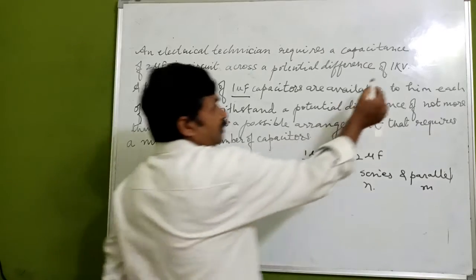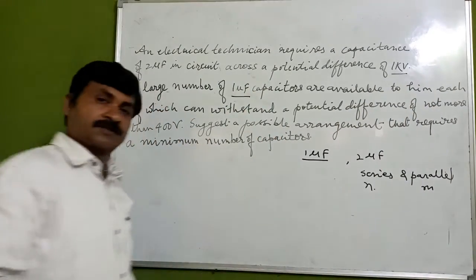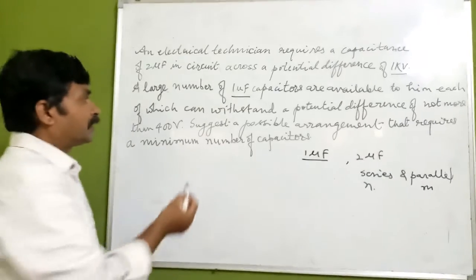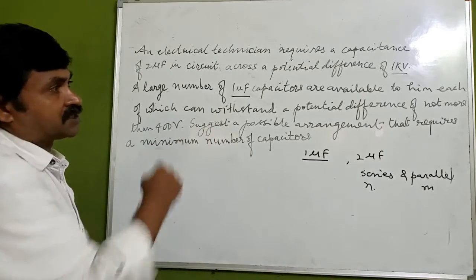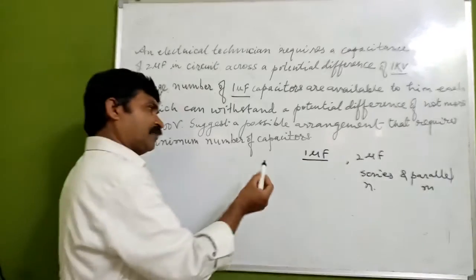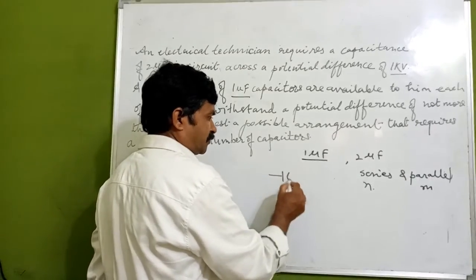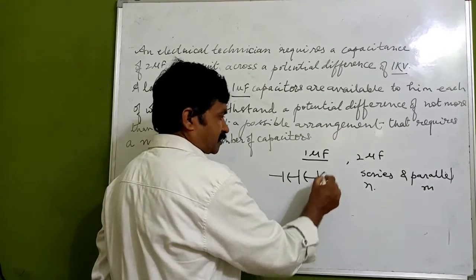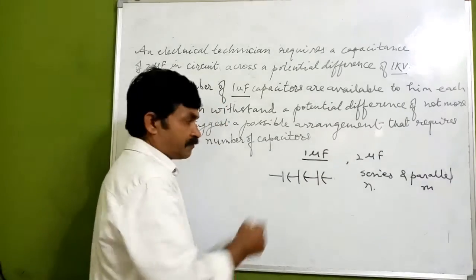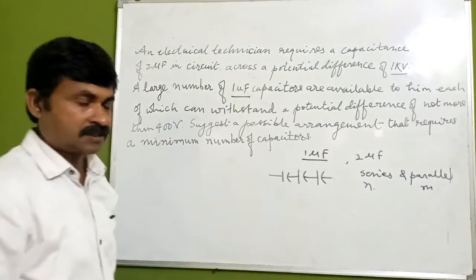Now 1 kilovolt is given to us and 1 capacitor can withstand 400 volt. So in the series arrangement, for an example, we have taken n number of capacitances here.